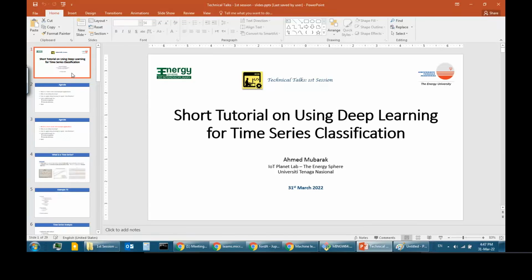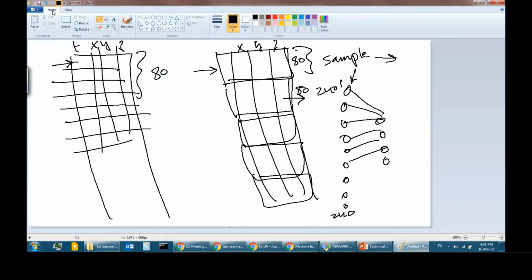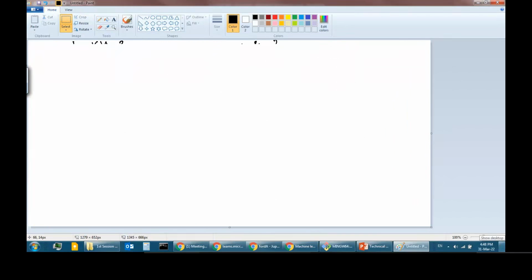First, you learn about machine learning types of tasks. Machine learning is capable of solving different kinds of problems. One of the famous tasks is something called regression.